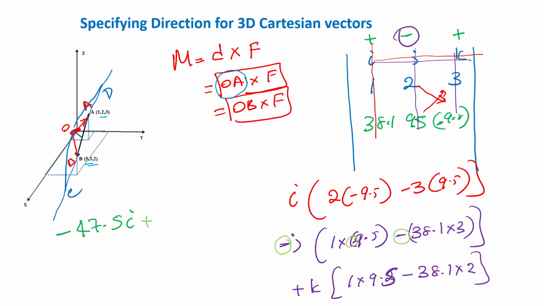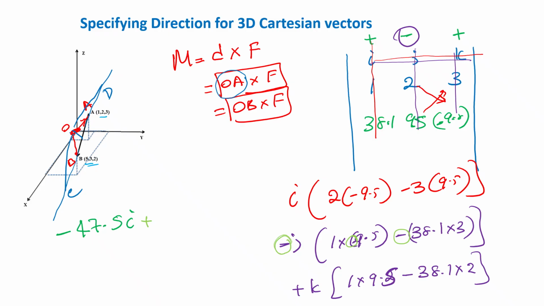You're talking about I? Yeah. It's talking about that 9.5 times 5 is 47.5. Next one is 9.5. Yes, plus 38.1 times 3. It is 100 and positive, right?